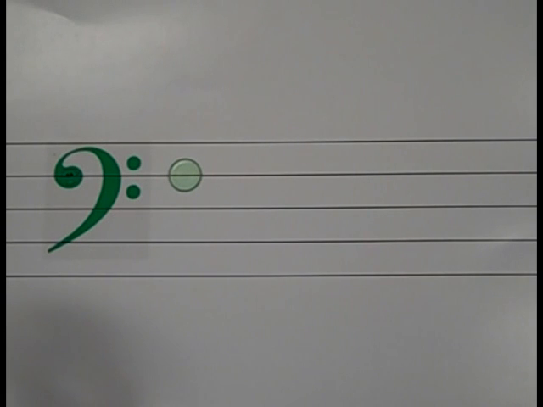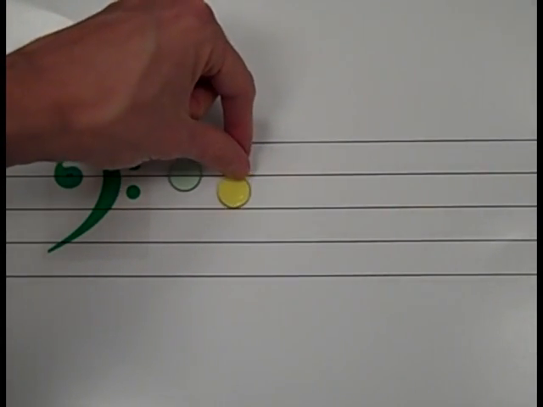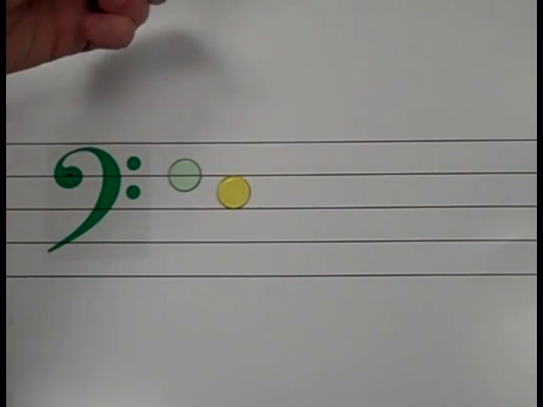Good. Now we're ready to try naming the notes of the bass clef stepping down. When we step down, remember we're going backwards in the alphabet.